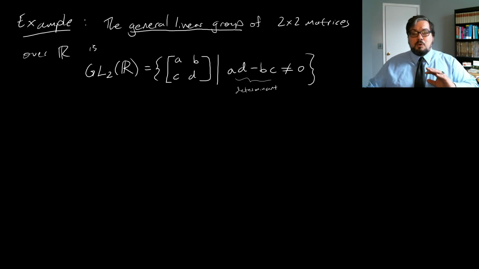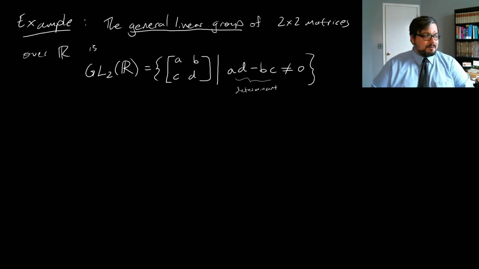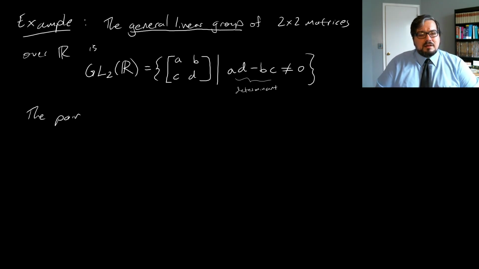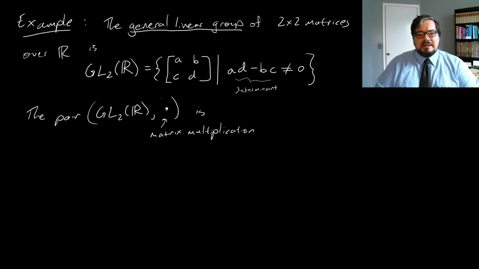The fact that they are invertible is determined by the non-zero determinant. The pair GL2R, multiplication, where this is matrix multiplication, is a group.